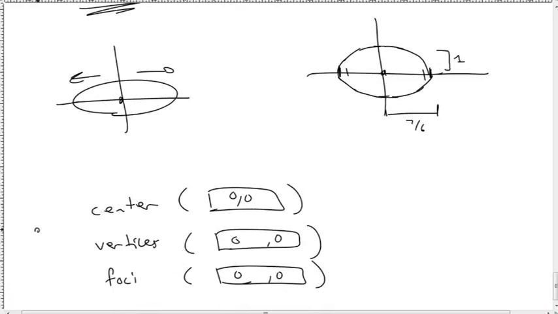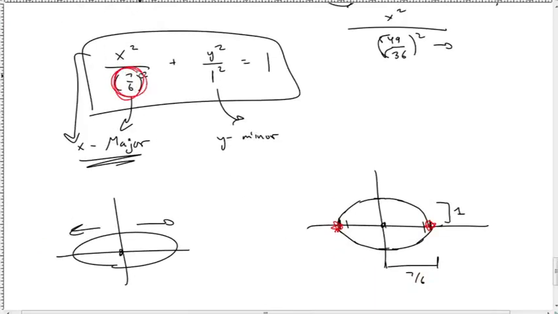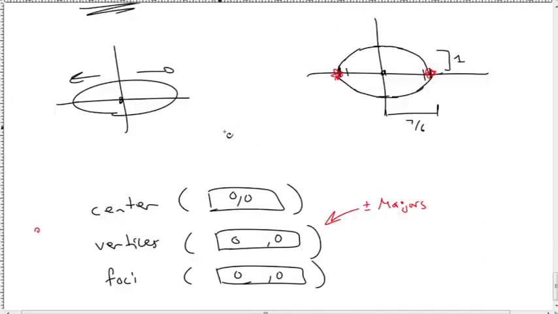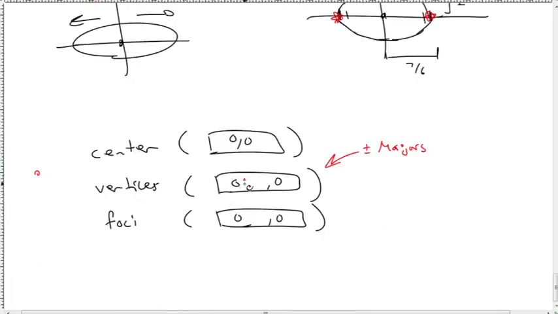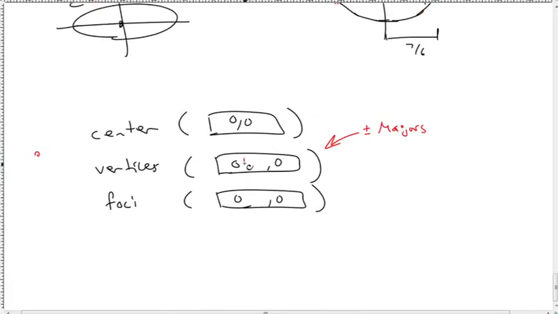So vertices, what are vertices? They're going to be on the major axis, okay? So to find the vertices, I'm going to say plus or minus my majors. And what are my major values? My major values are right there, the 7/6. And so notice also it's an x value. So I'm going to take my x value, I'm going to say plus or minus the 7/6.